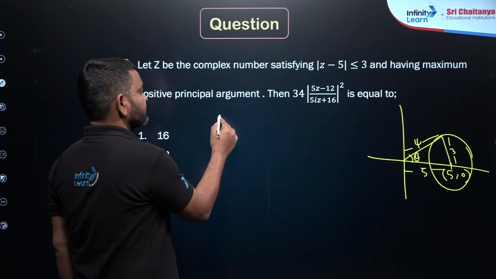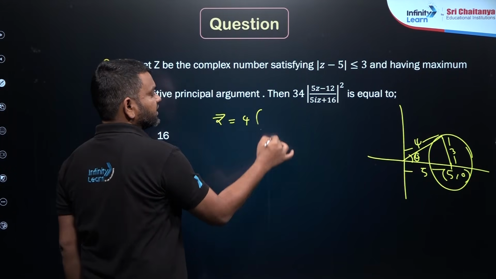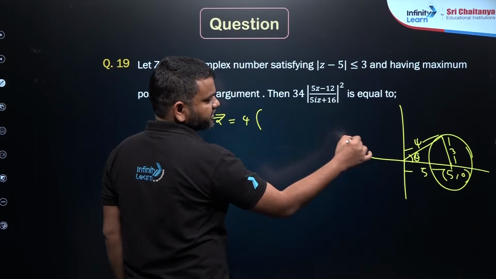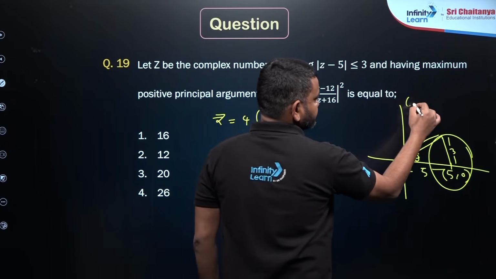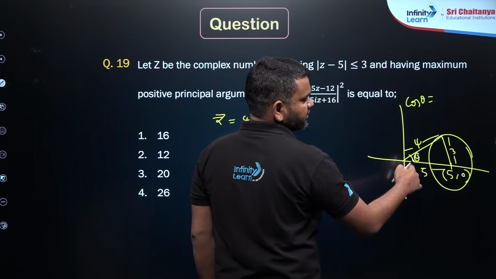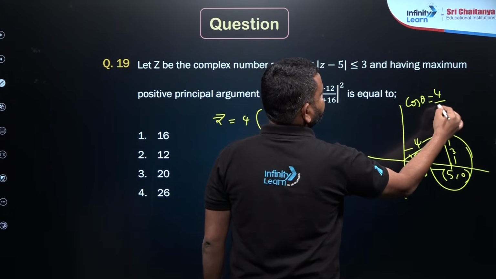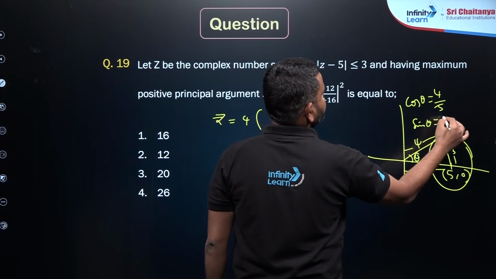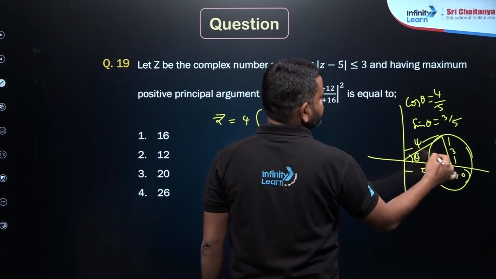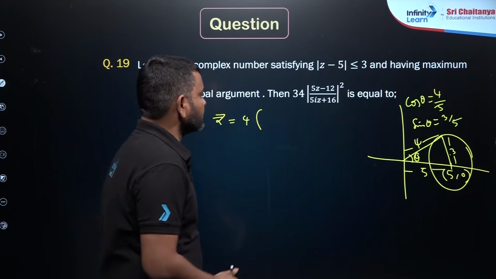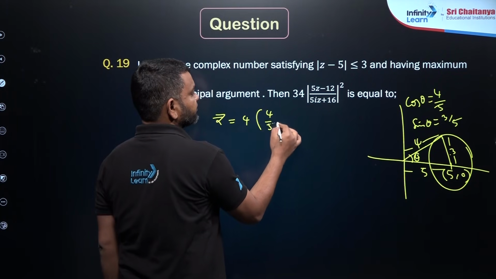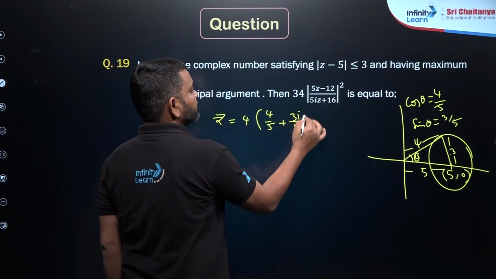Now for the complex number, z is equal to r times cos theta, where r is 4. Cos theta from this is going to be what? This is 4 by 5. Sin theta is going to be 3 by 5, because this is the adjacent side and this is the opposite side there. Now here I have 4 times of 4 by 5 plus 3i by 5.